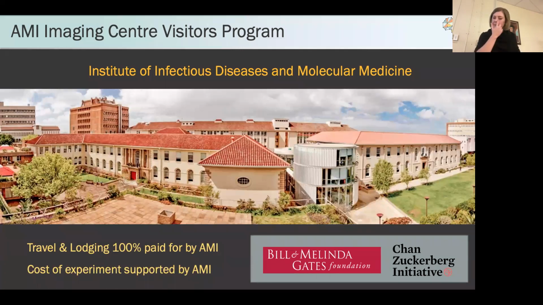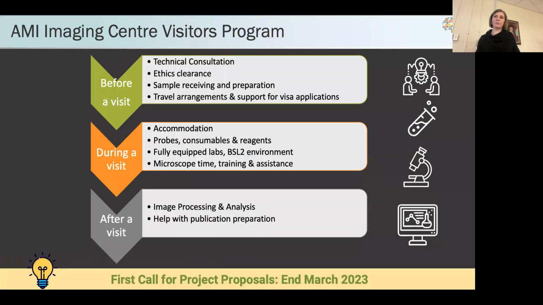So we operate on a similar model to, for those of you who are familiar with it, the African Microscopy Initiative at the Advanced Imaging Center at Janelia in the US. And from that, we have put a lot of thought into how to support visitors coming to the center.